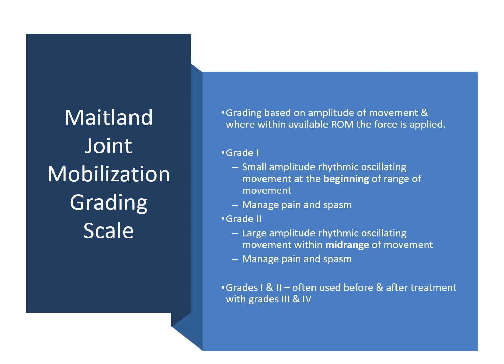These two things should be learned before you are applying any type of grades. So talking about grade 1 mobilization, it is a small amplitude rhythmic oscillating movement which should be given at the beginning of the range of motion. It's beautifully told by Maitland in his book that the amount of force and pressure which you give in grade 1 is something like, just imagine that there is a fly sitting on a table, and you keep your thumb over the fly and apply so much pressure that the fly doesn't die.